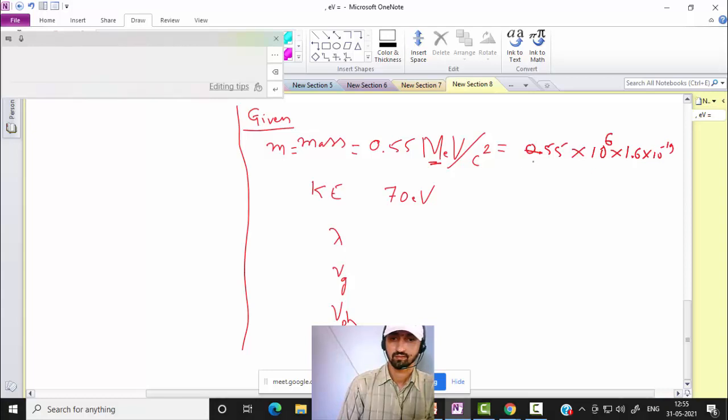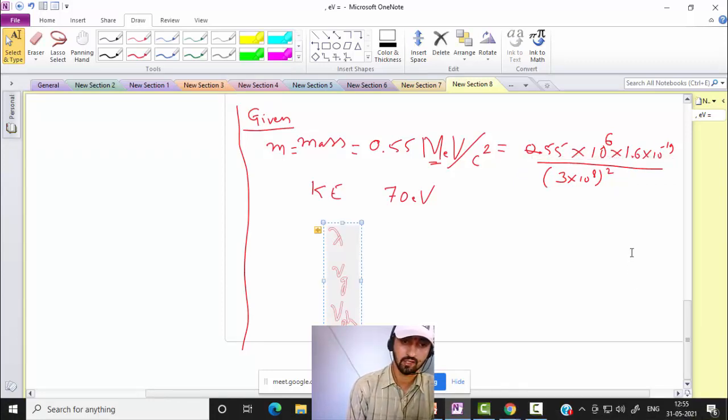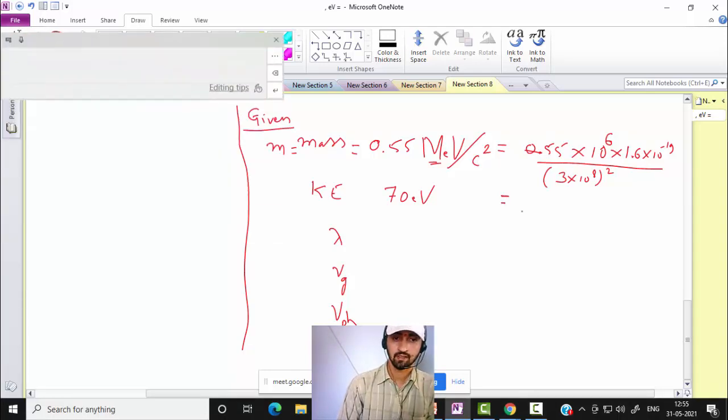Divided by c square, c is 3 into 10 power 8 whole square. You calculate this and let me know the answer. Calculate the mass. That mass will be in SI unit, that is kg.